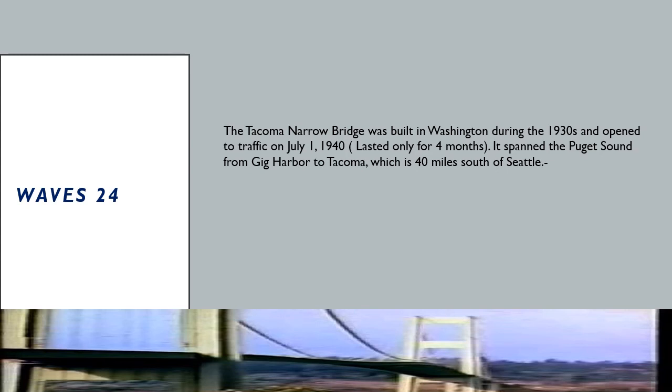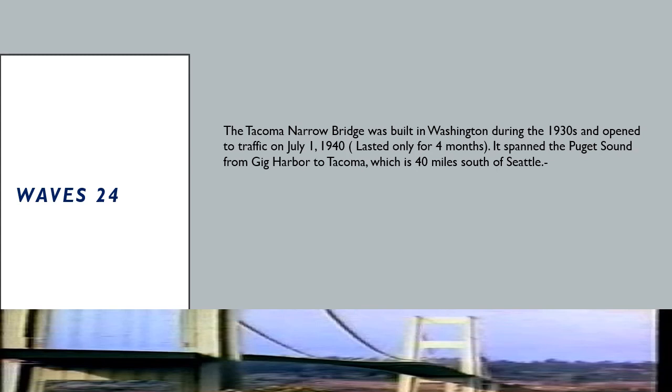It was the third longest suspension bridge in the world at this time, covering about 6,000 feet. What happened is that it collapsed because of the wind. The wind was very fast, a very strong wind of 40 to 45 miles per hour.